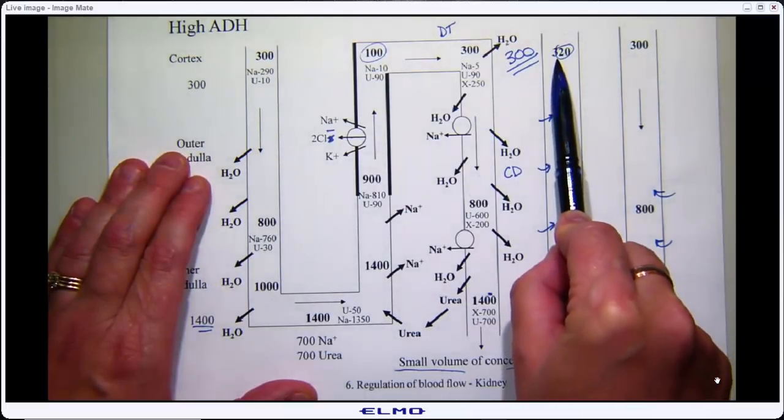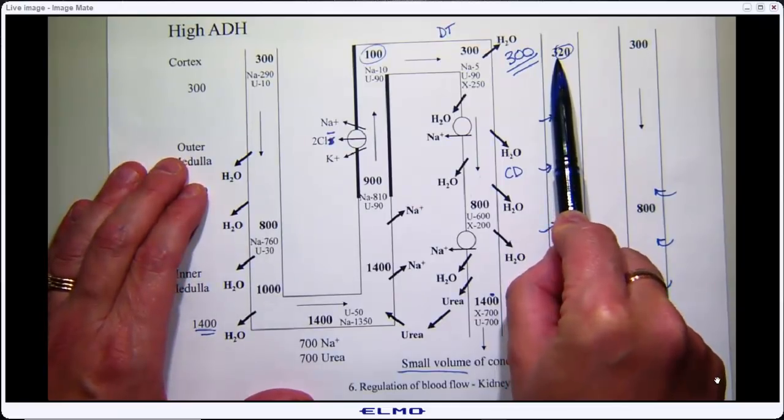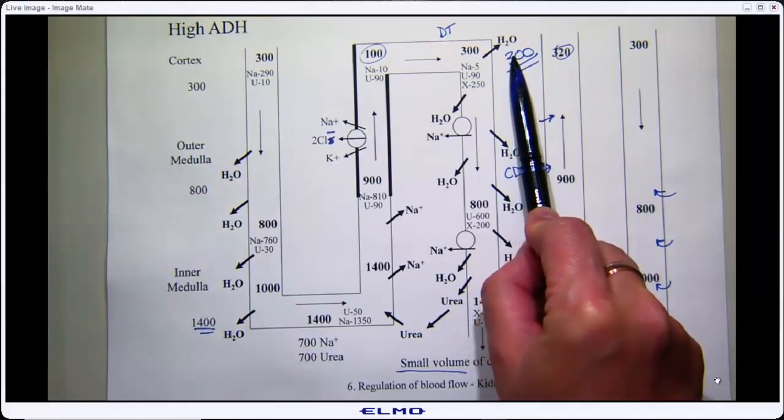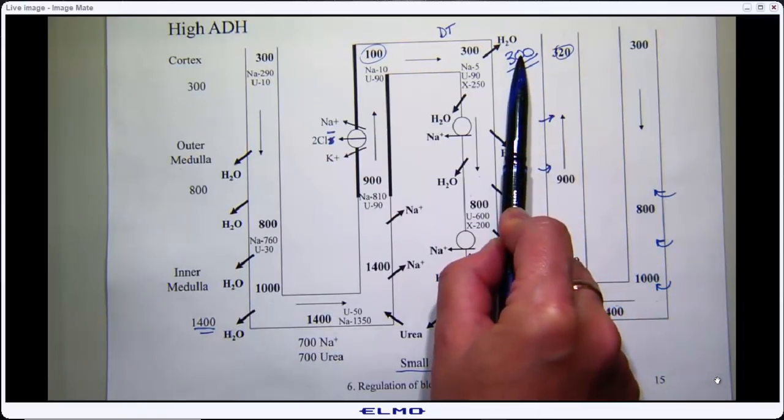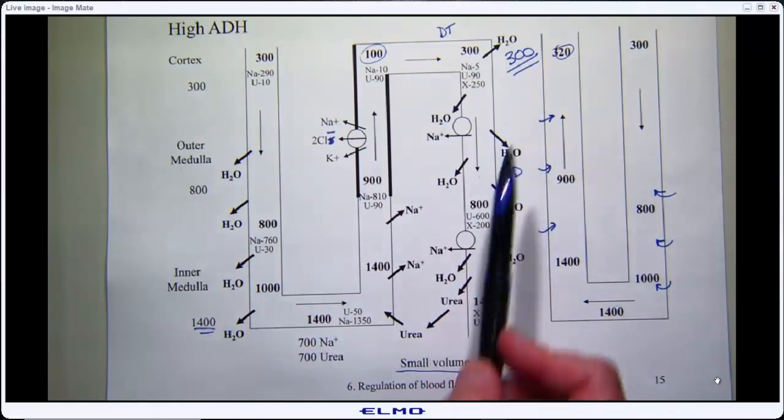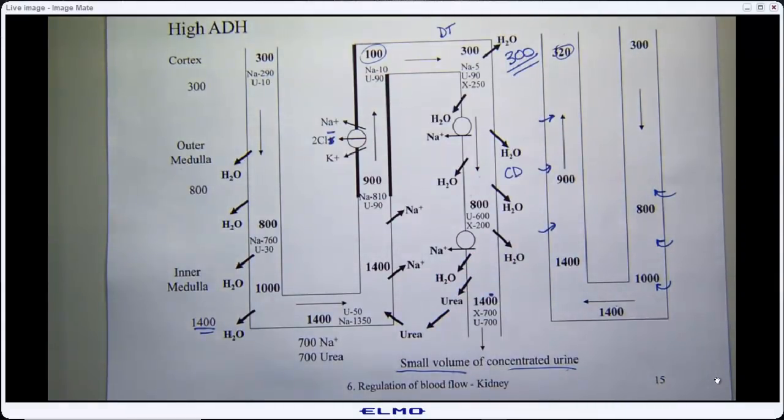I'm actually going to then leave not at 320, but I'm going to leave at 300 because I had time to equilibrate. So where did the extra 20 milliosmoles go? They stayed in the interstitial space. Okay, so the blood leaves less concentrated. It used to be 320, it's now leaving at 300.